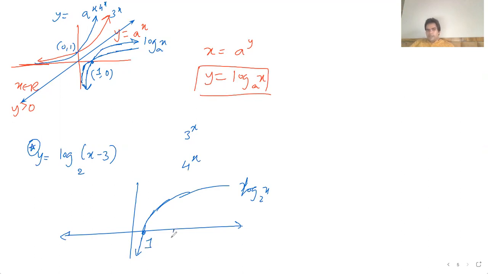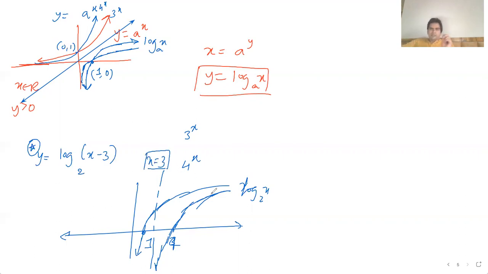So this cuts now at 4. Here you will have a new vertical asymptote that will also get shifted by 3 units, so x equals 3 is the new vertical asymptote.